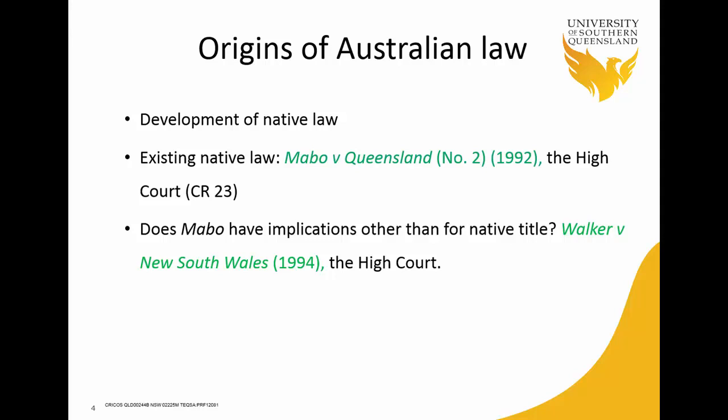Does being extinguished mean that it has been ended, in the sense that it cannot be resurrected? Or is it possible for this Aboriginal customary law to become the law of the land if, again, there is legislation to that effect?